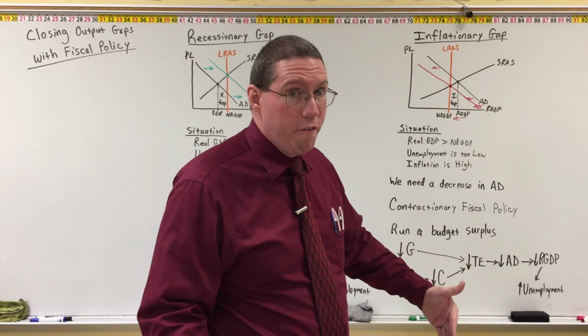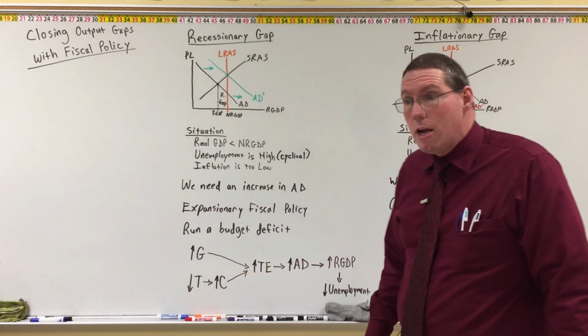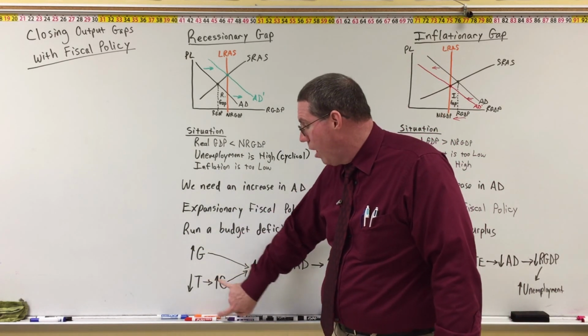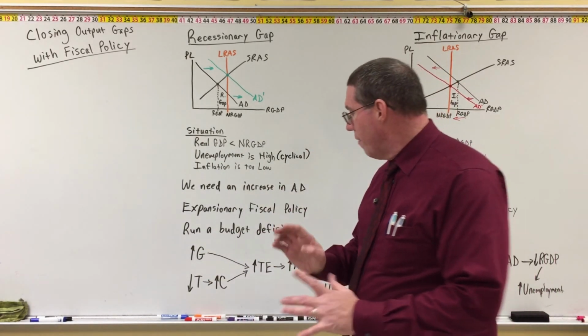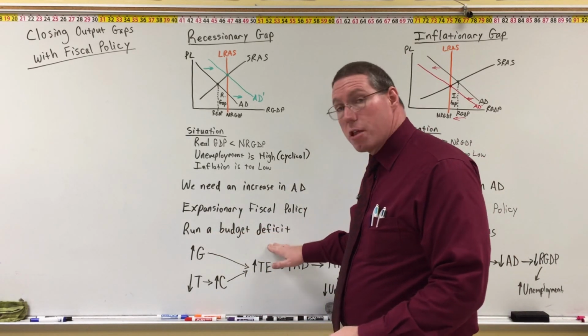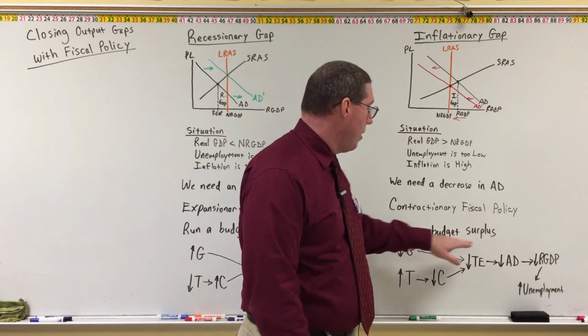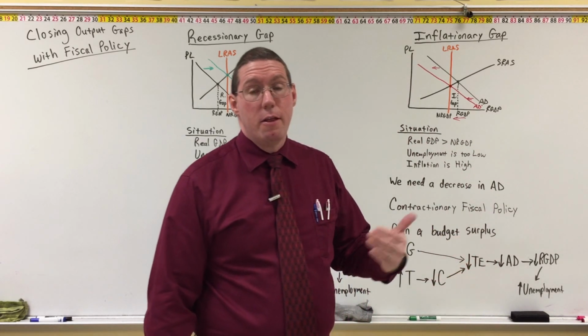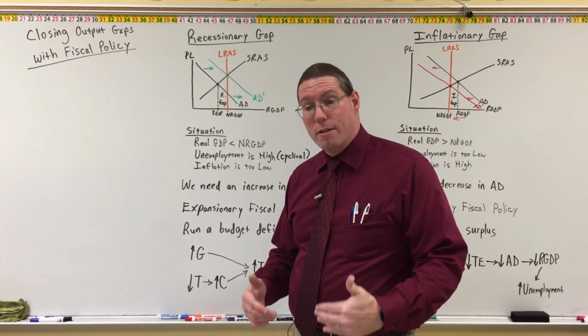And once they're in office, they're more likely to run a budget deficit because that's what's going to keep them in office if they're spending money on the things you like and lowering taxes. And therefore, what we have found is that deficit spending is a lot more popular among voters than running a budget surplus. And the result of that is that we have a very large national debt in this country.